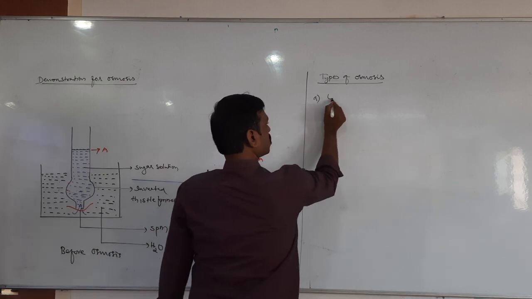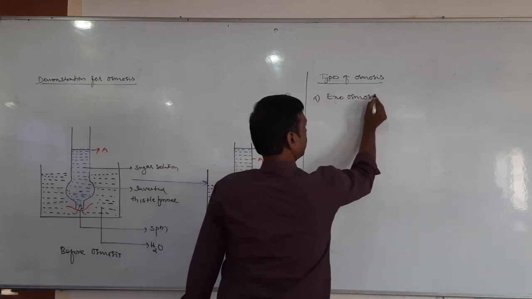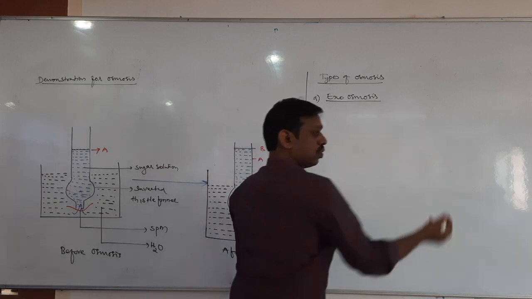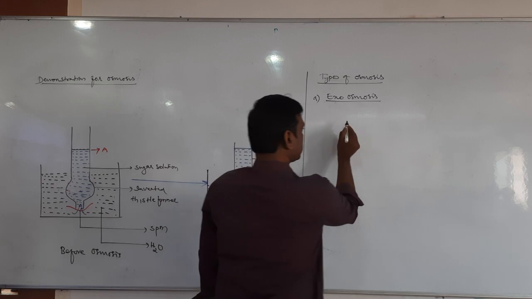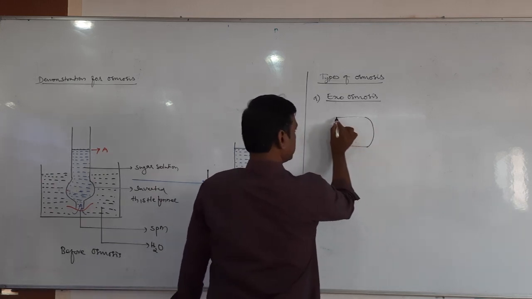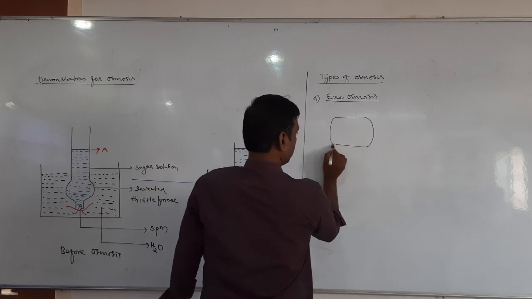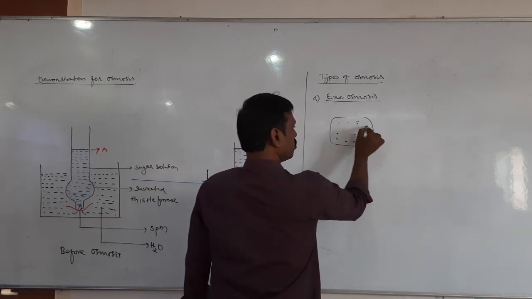Write down. First one, exoosmosis. Tell me, the meaning of exo is outside. So for example, if you take the cell, generally we study this in cells. Cell containing its solution, no?